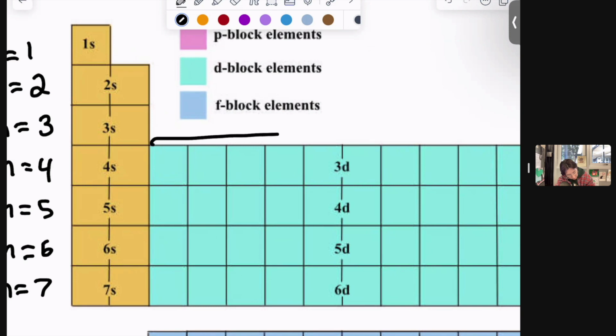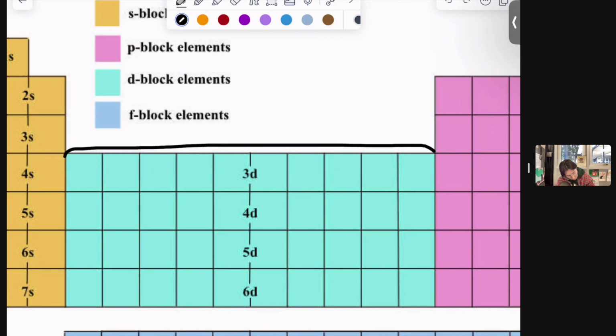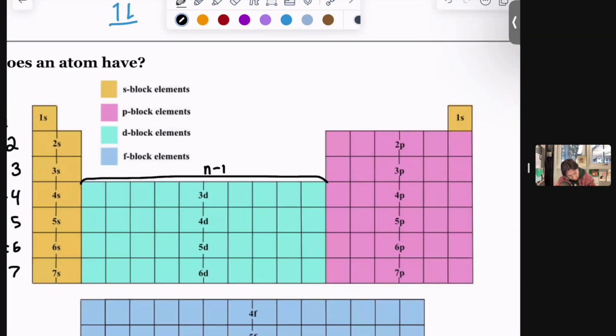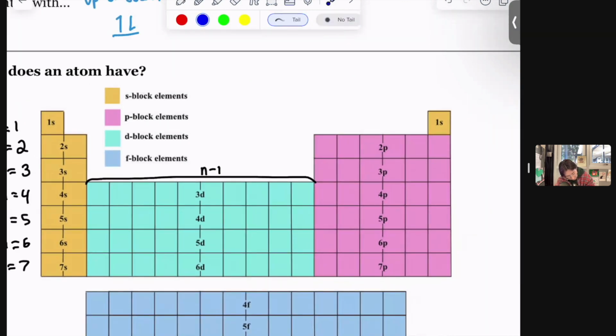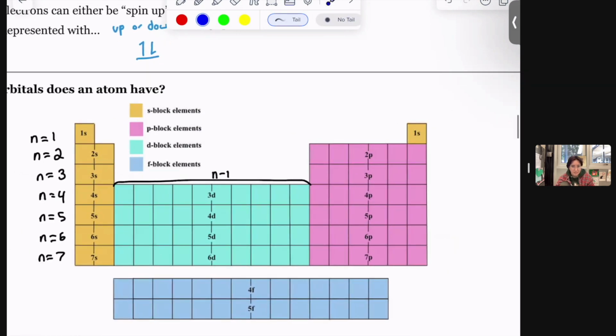So just to point out a few tricky things with this. Notice as we go across here, the n equals 1 only has s. It only has this one type of orbital, so there's only one s.